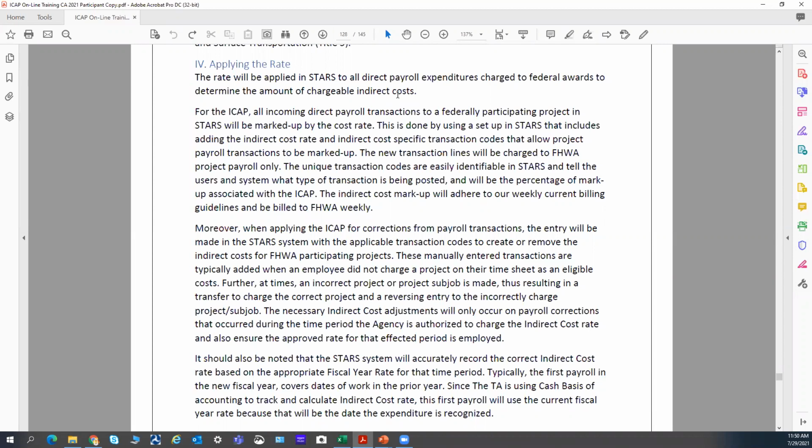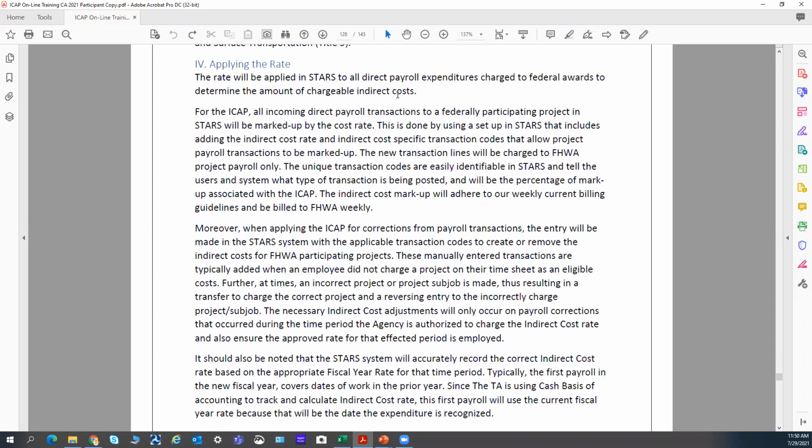They even talk about here, and I'm not going to read it verbatim, I can just explain it to you, how the last payroll in their fiscal year crosses over that fiscal year, and how STARS is designed to ensure that the indirect cost rate for that payroll period is able to be adjusted when it crosses over the fiscal year.